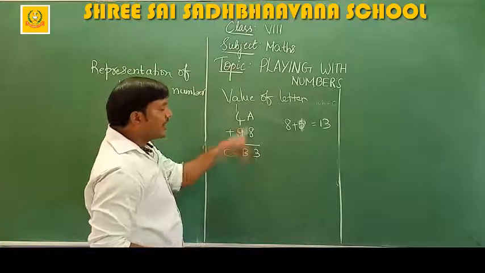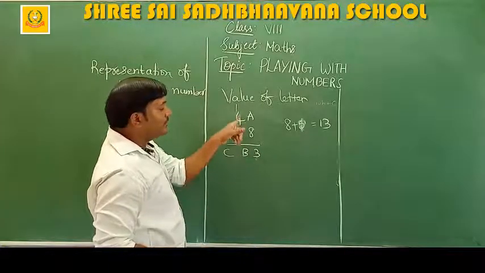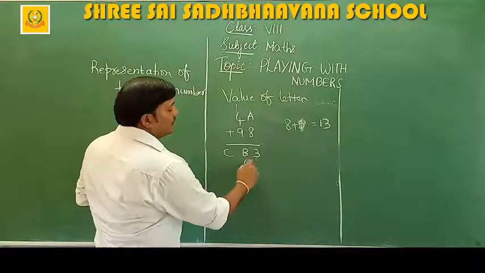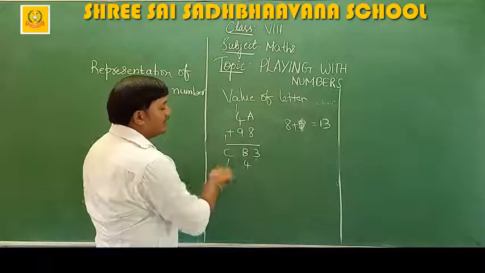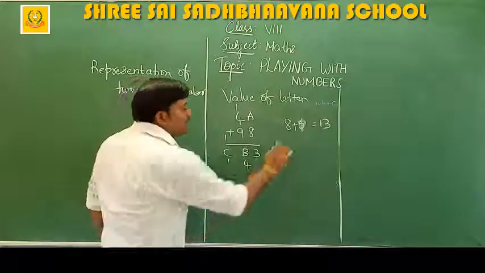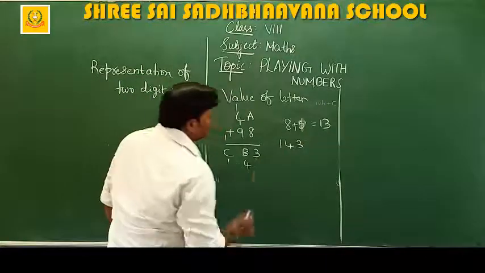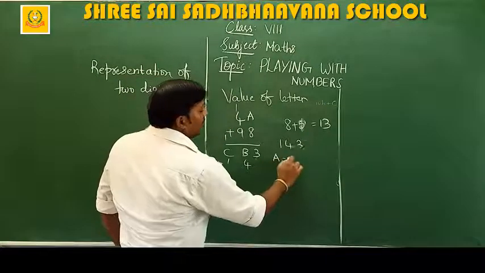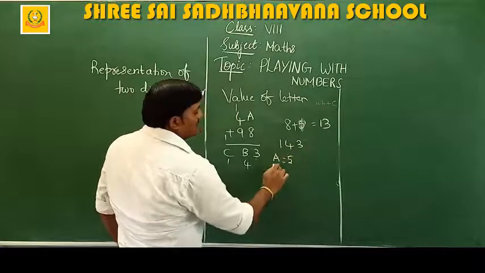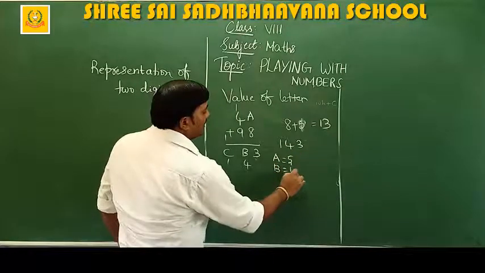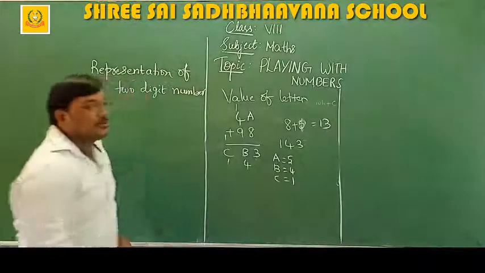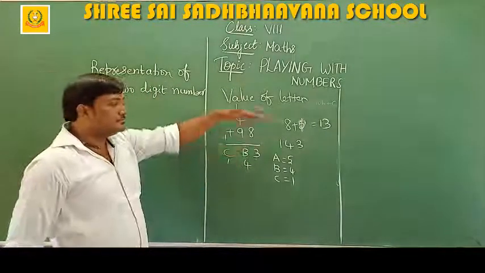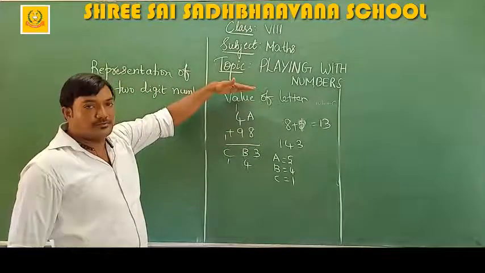When you add that 1, the total will become 14. So 4, and again carry 1 will come here. So the value is 143. So what is the value of A now? A will be 5, B will be 4 and C will be 1. This is how you have to write the value of the letter.